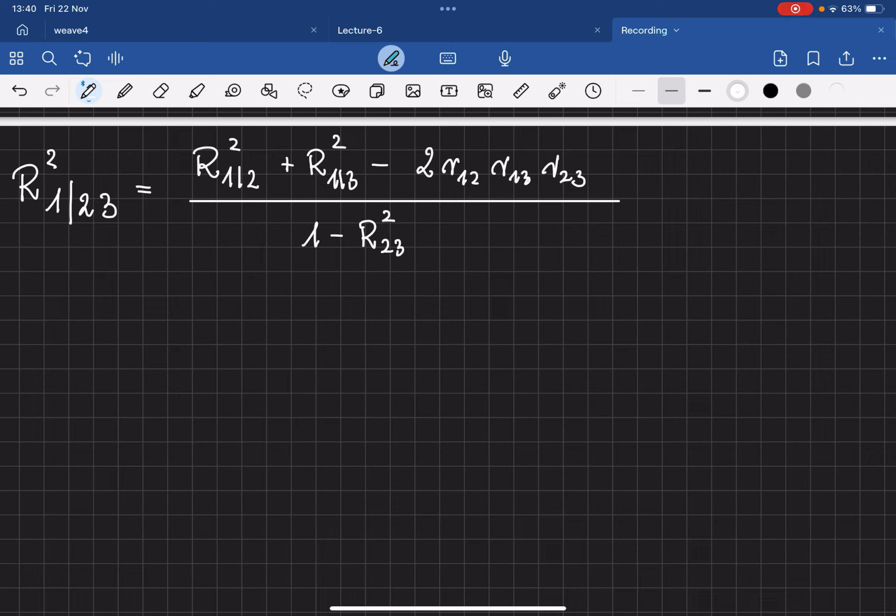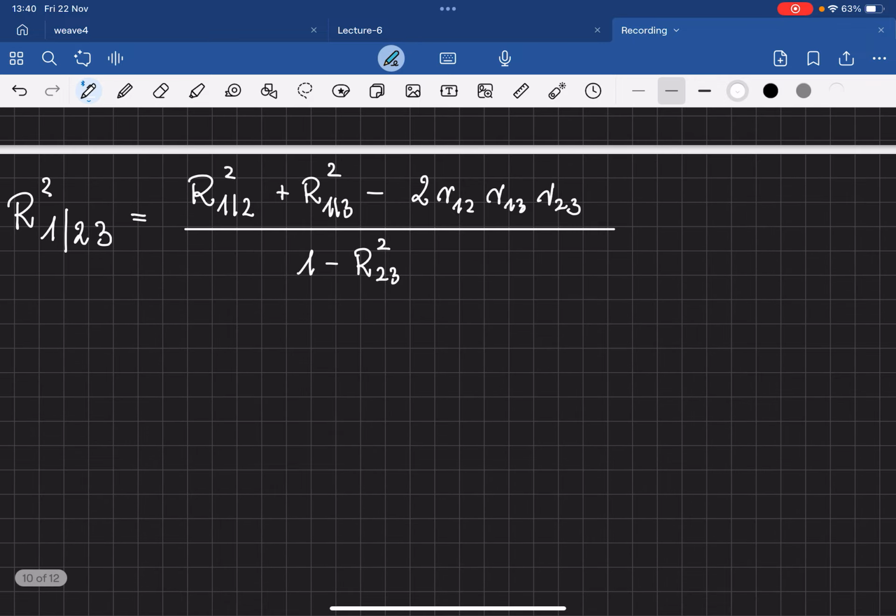We will derive this formula in a moment, but let us first explain what's what.